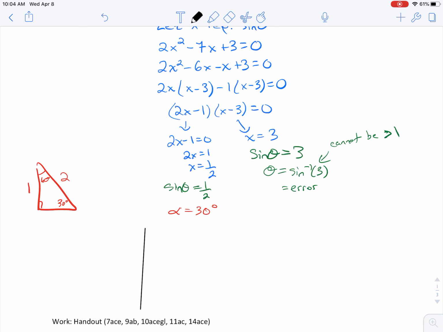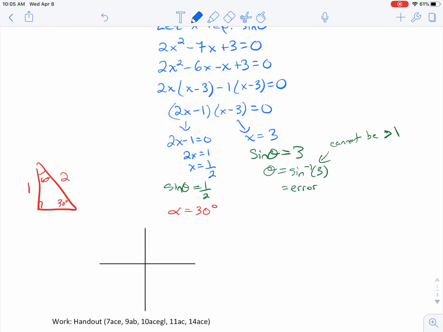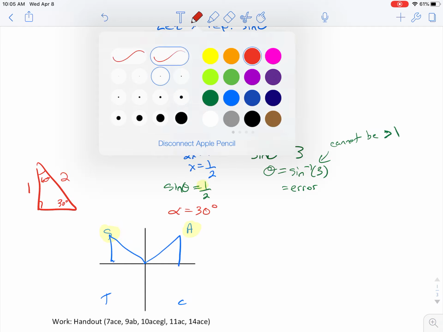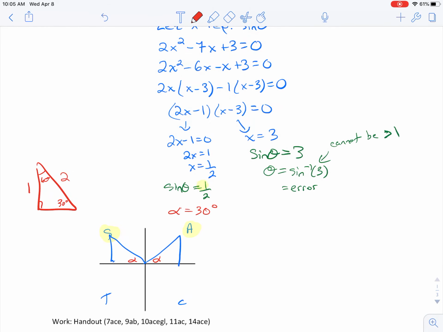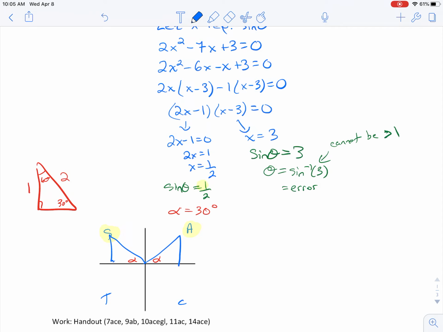If you need to, you can draw out the little quadrant system and figure out where else you're going to have an angle that works for sine being 1/2. You can use your CAST rule, knowing that this is a positive value, plus 1/2. That means it's going to be in the All category and the Sine, because that's where sine is positive. So I know I'm going to have these quarters of my bow tie and the related acute angles inside here.